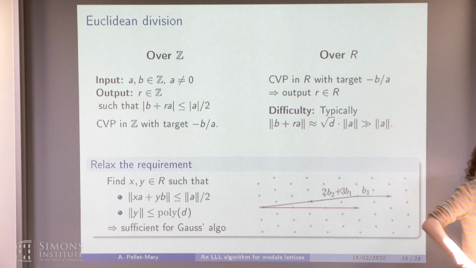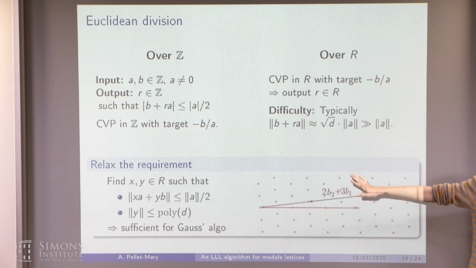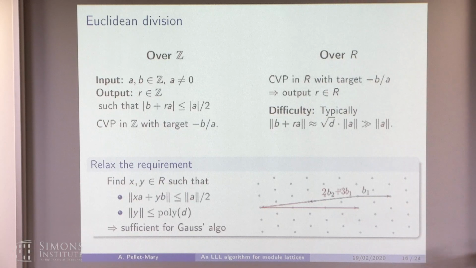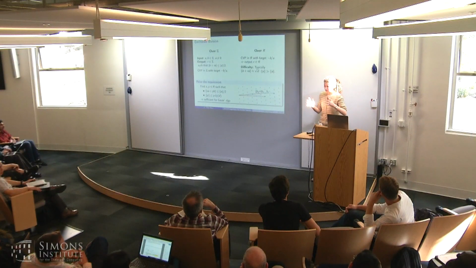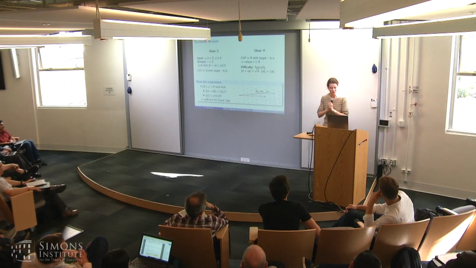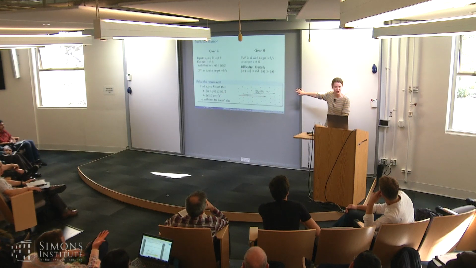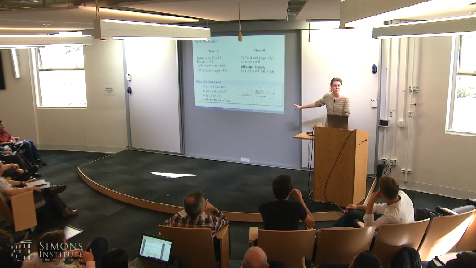I'm going to show you the lattice we consider, and the approximation factor 2 is related to the fact that we can construct... I don't know how to explain this shortly, but it's not related to these 2. The short answer is this 2 has nothing to do with the approximation factor we can allow for CVP.